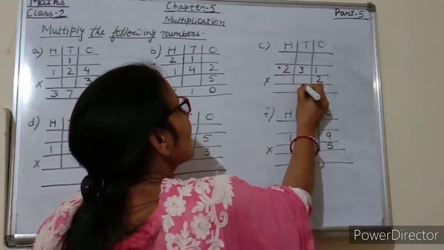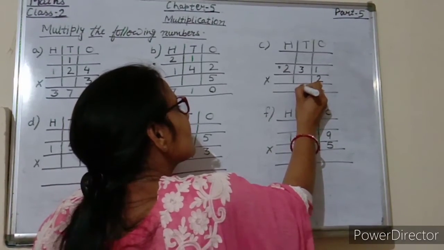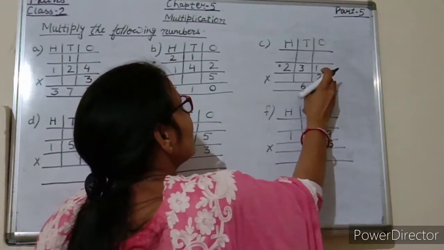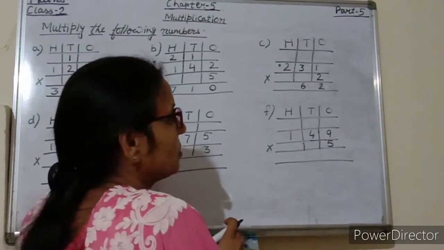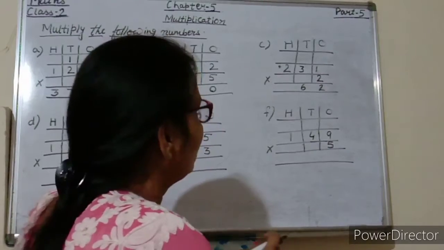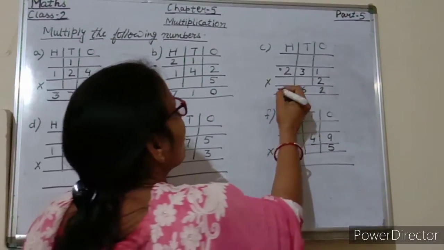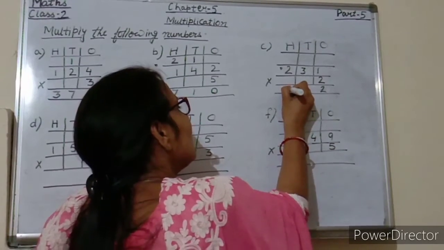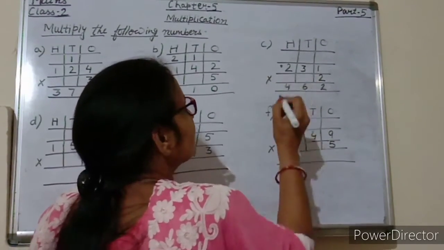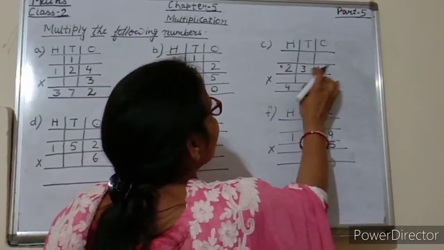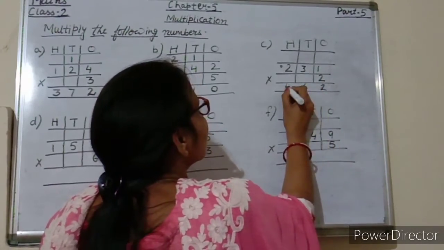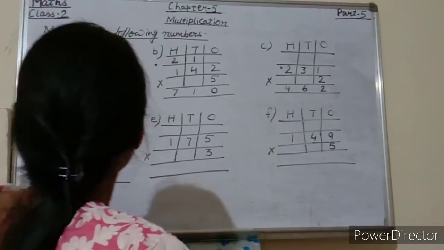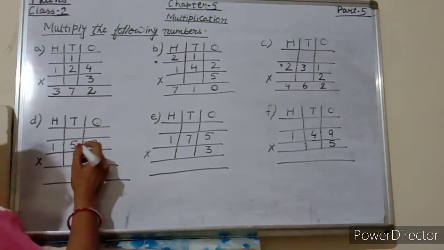So 6 we will write under the tens column. Now 200 into 2, 2 twos are 4, so 400. So 4 we will write under the 100 column. Okay students, 231 into 2 is equal to 462.